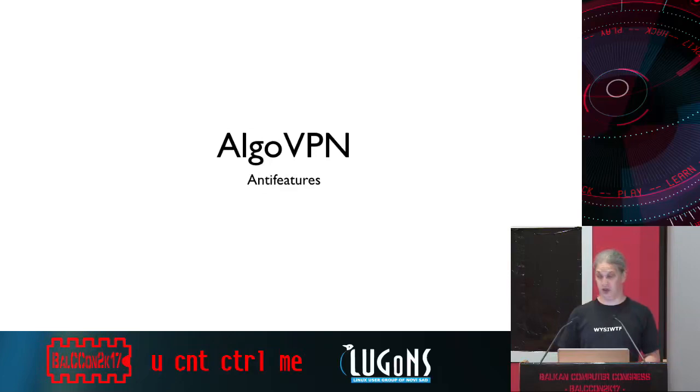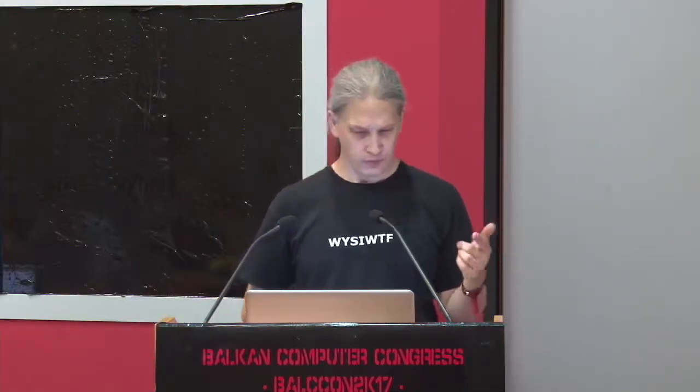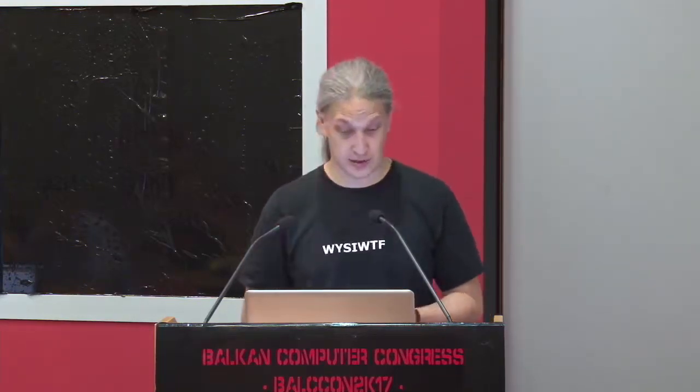What Algo VPN is not, the anti-features: it doesn't use any outdated or insecure ciphers, which is a great thing, like L2TP or IKEv1 or something. It doesn't install Tor or OpenVPN or any other daemons. It does not depend on TLS. It does not depend on OpenSSL. We all remember the famous Heartbleed and other security problems with OpenSSL, so not having to use that gives some peace of mind.